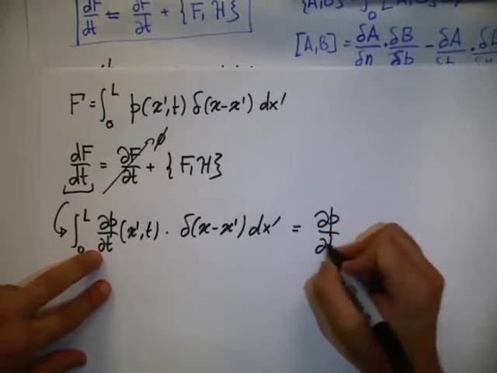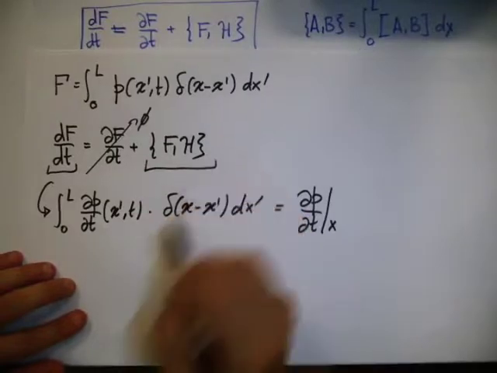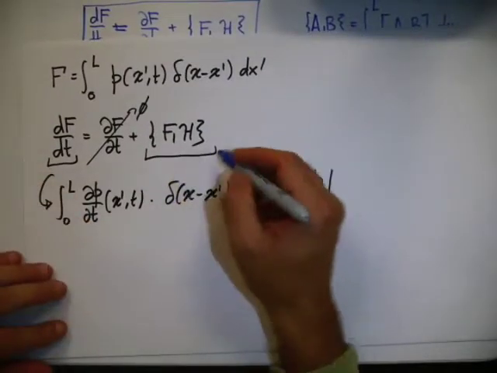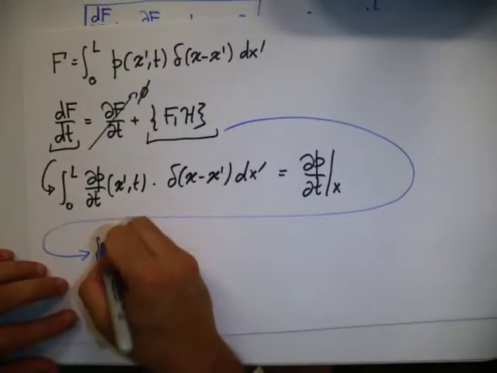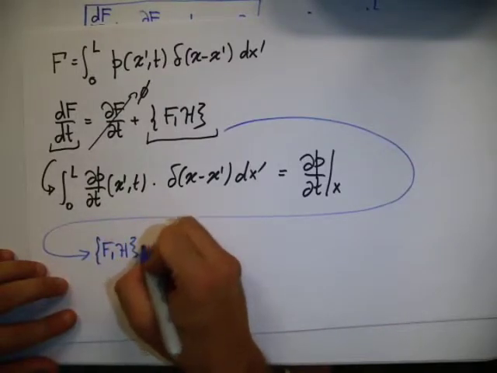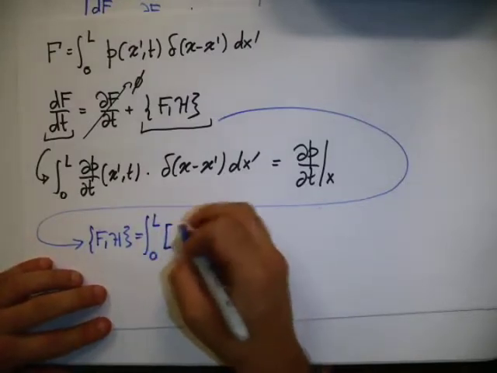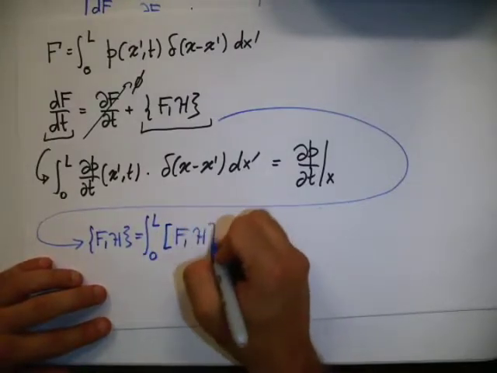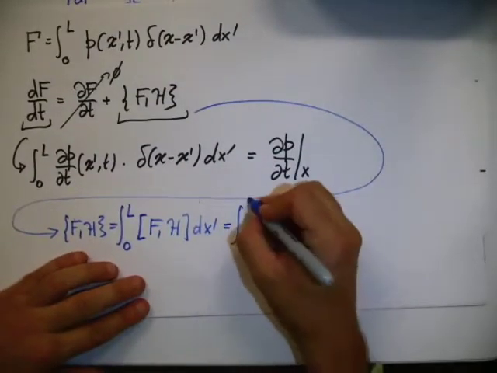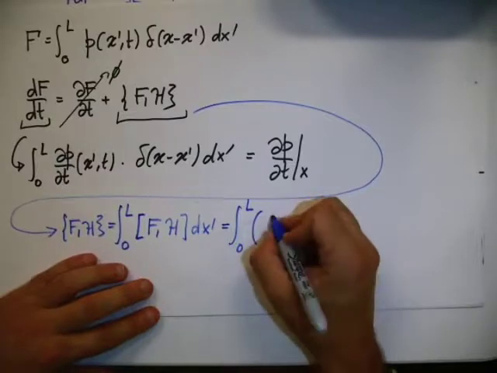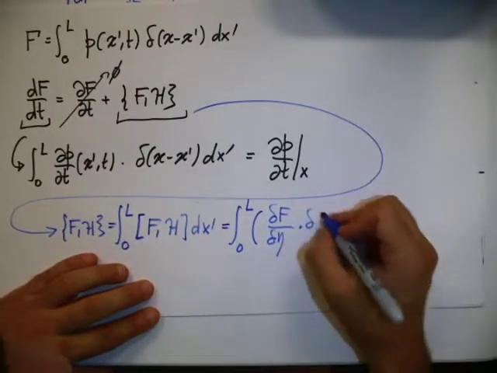And now we can work out the bracket. f comma h is equal to the integral between 0 and L of the commutator between f and h in dx prime. This commutator involves the variational derivative of f with respect to eta times the variational derivative of h with respect to p.